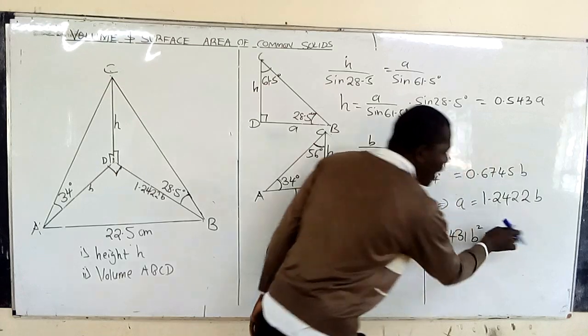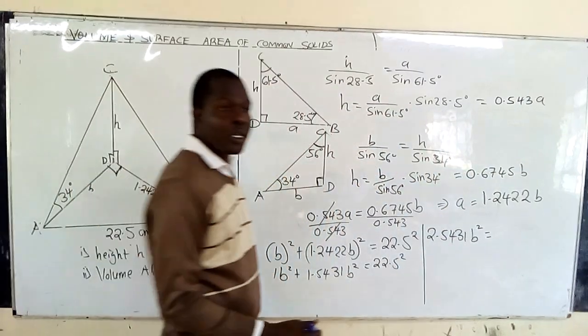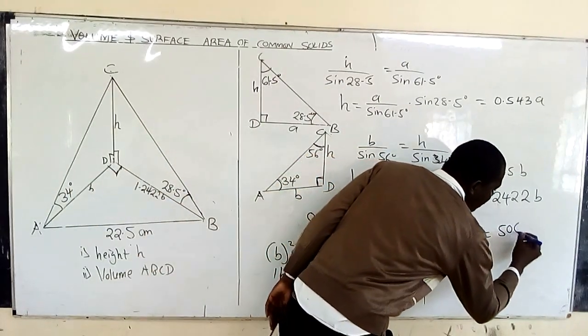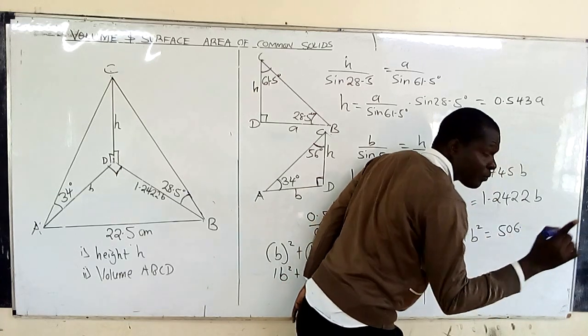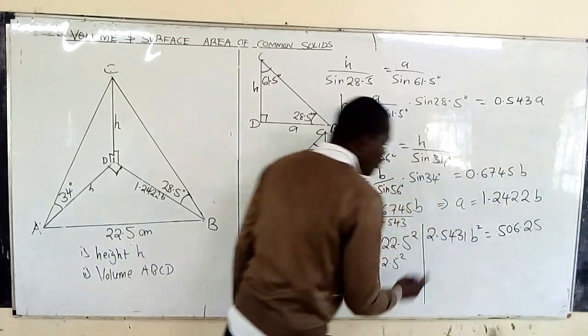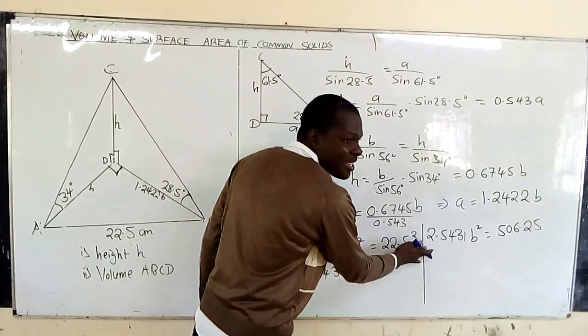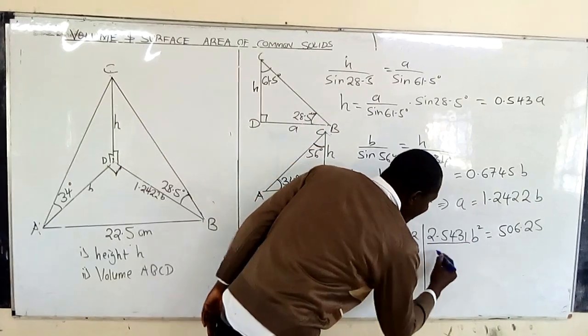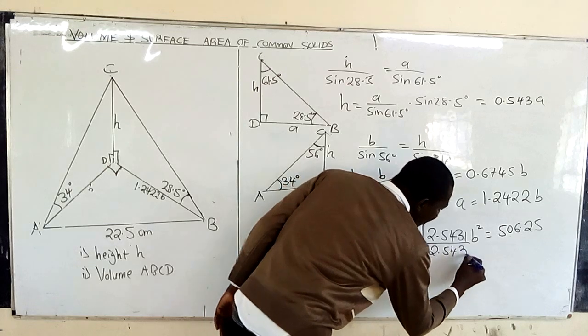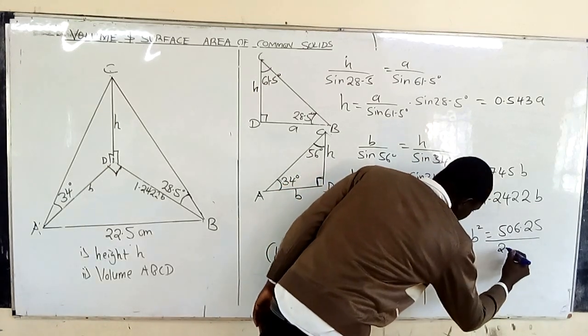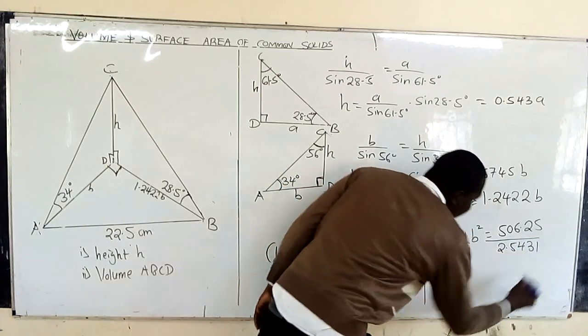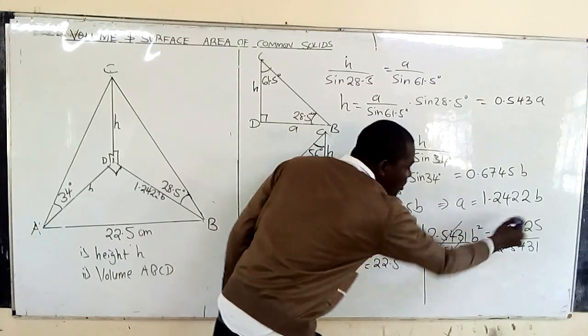What is 22.5 squared? 506.25. So for you to get B squared, you divide by its coefficient. You divide both sides by 2.5431. So what is B squared?